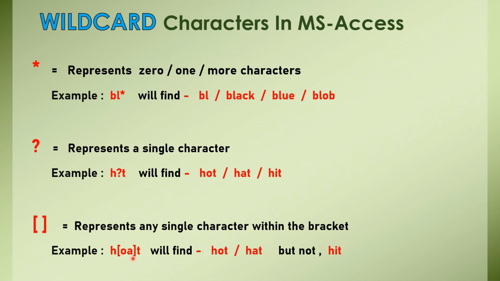It means that within the bracket you have two characters, that is O and A. So what words can this pattern find? It can find hot because there is O, and it can find hat. But remember, guys, it represents only a single character. It cannot find HOAT or HAOT. It will find only one character within this bracket.